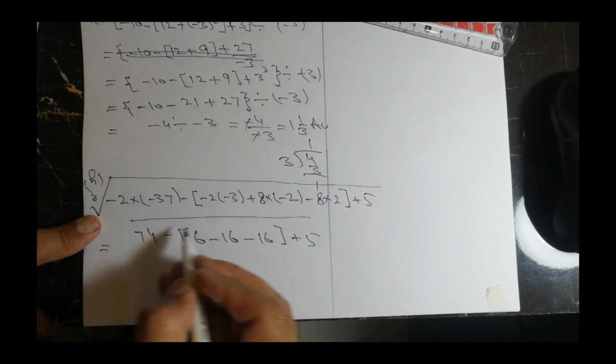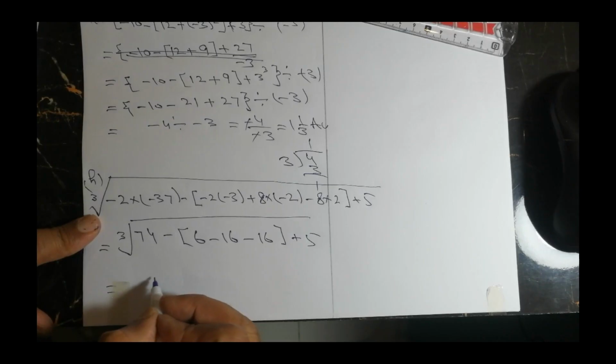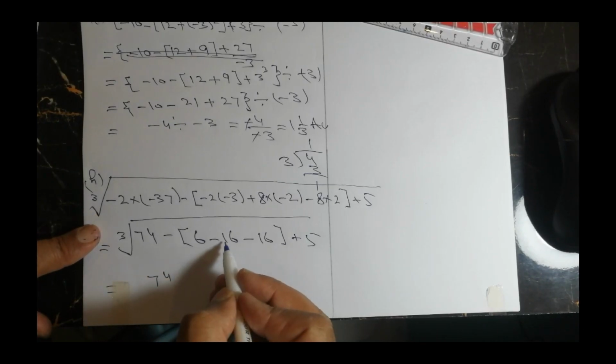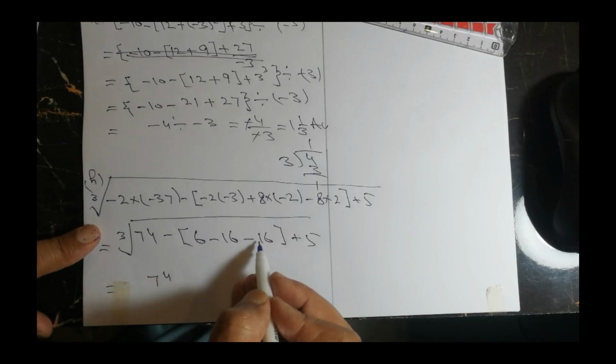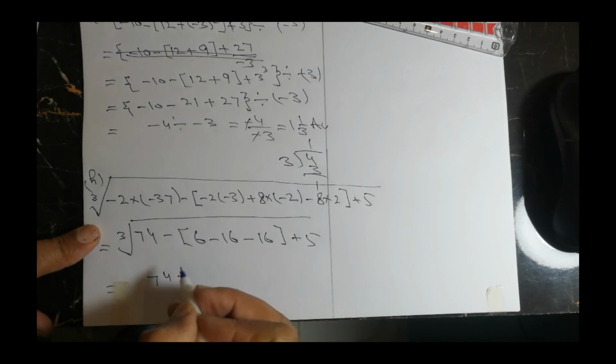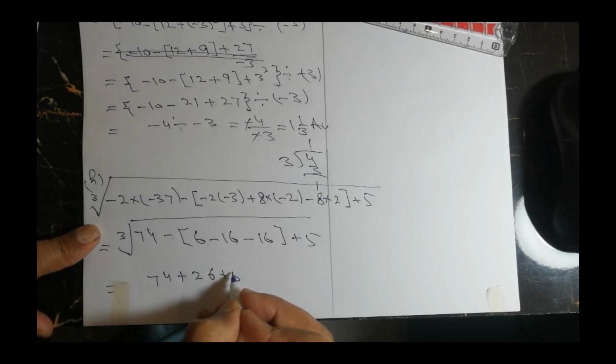So 74, this will be 6 minus 16 is minus 10, and minus 16 is minus 26, and this will be plus 26 plus 5.